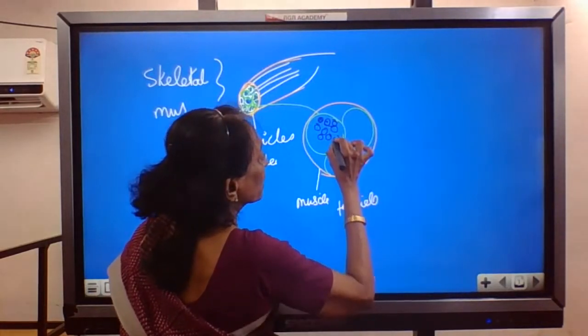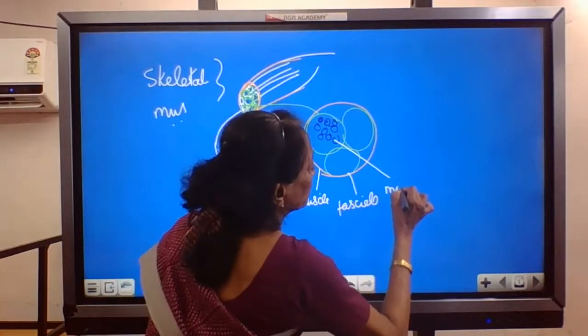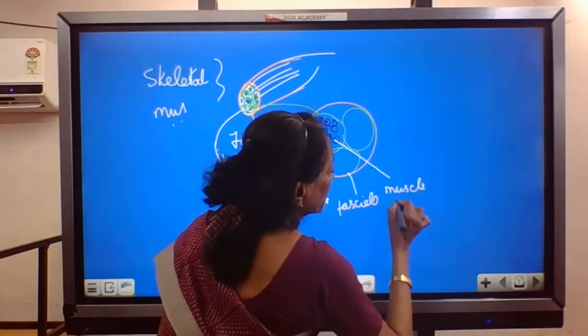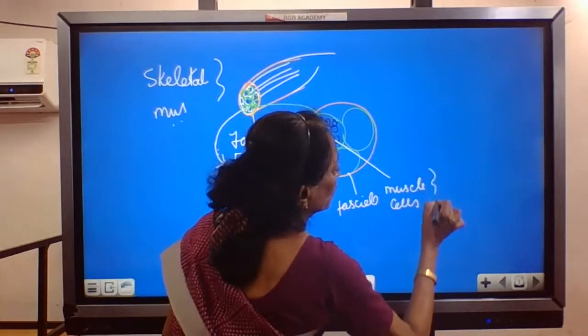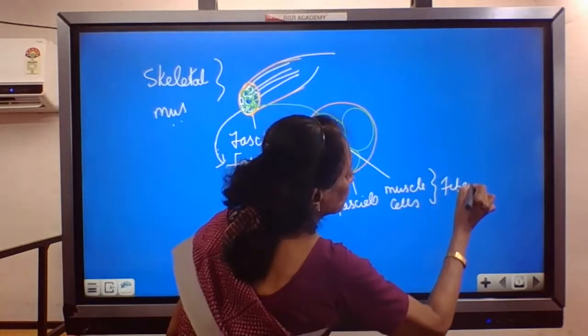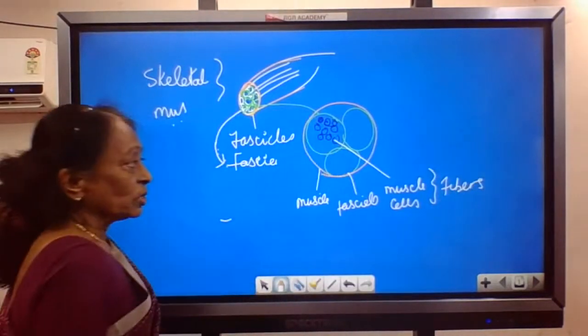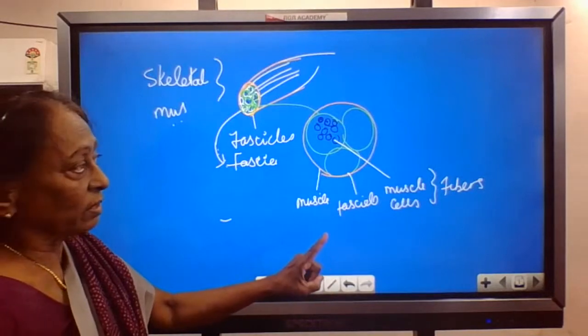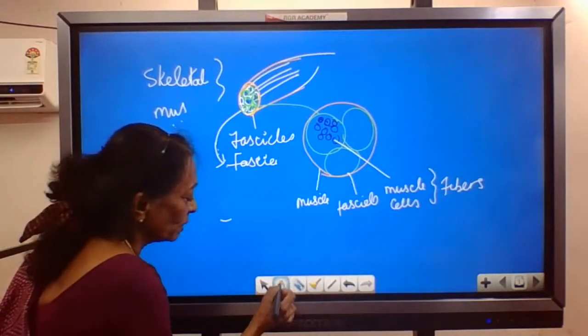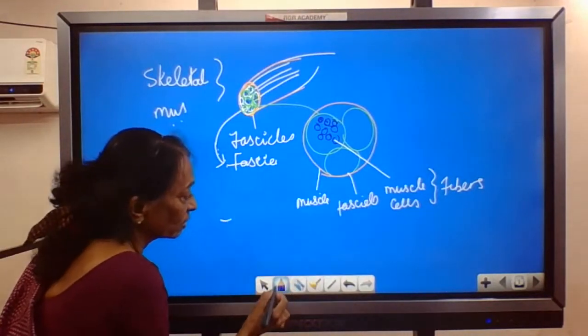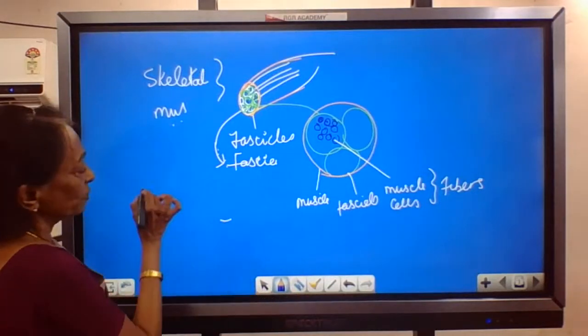Each fascicle has got a number of muscle cells. These cells are known as fibers. Alright? So a single muscle cell you have to take. Understood that? Now this is a muscle cell.